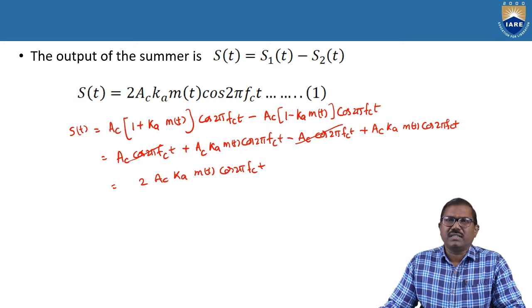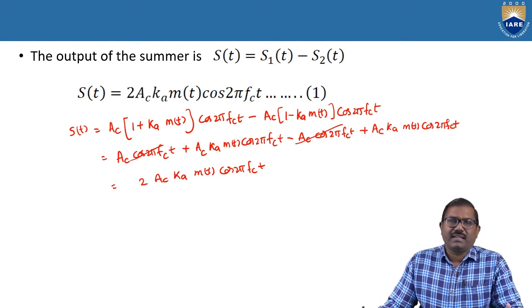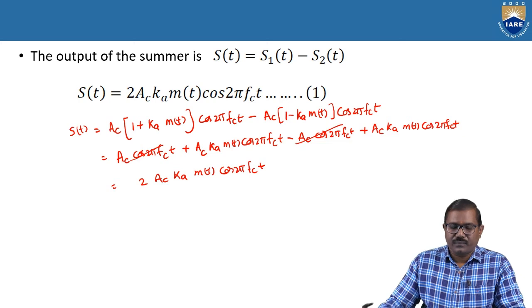So in this output we have no carrier, that is, we have suppressed the carrier. Again we can see the standard AM equation, Ac of 1 plus Ka m of t cos 2 pi fct.